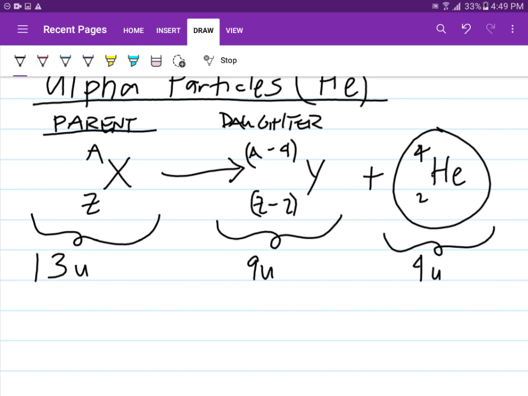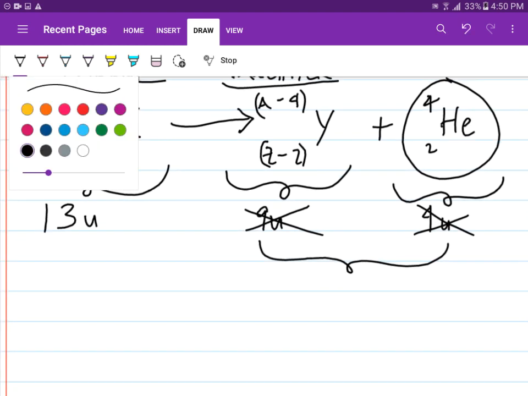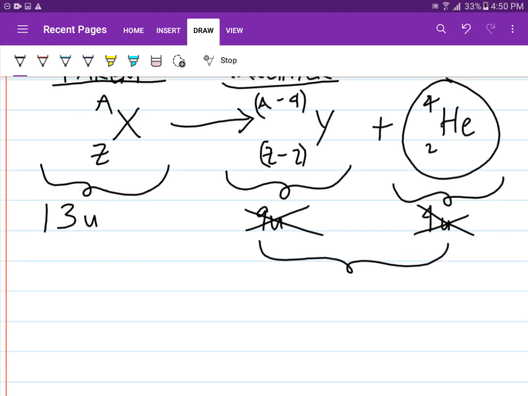So by conservation of mass, this should happen, but the way we observe alpha decay is that they do not happen. So the combined product of the daughter particle and the alpha particle weighs less than the parent. So where did the mass go?